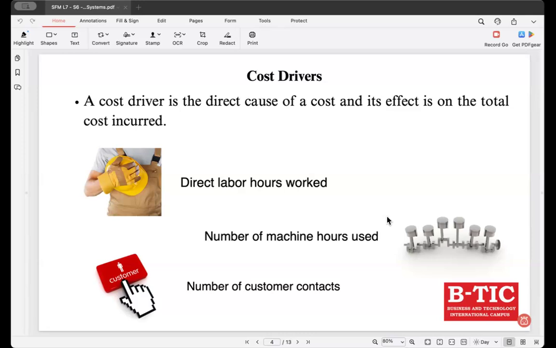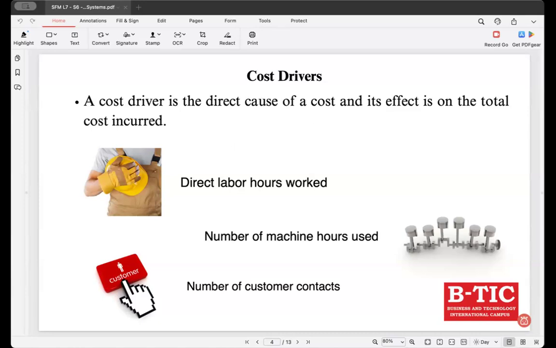How do we determine this? By using the cost driver machine hours. Similarly, if we need to calculate the pay of an employee, we find out how many hours the employee had worked in the organization. So this is a cost driver.